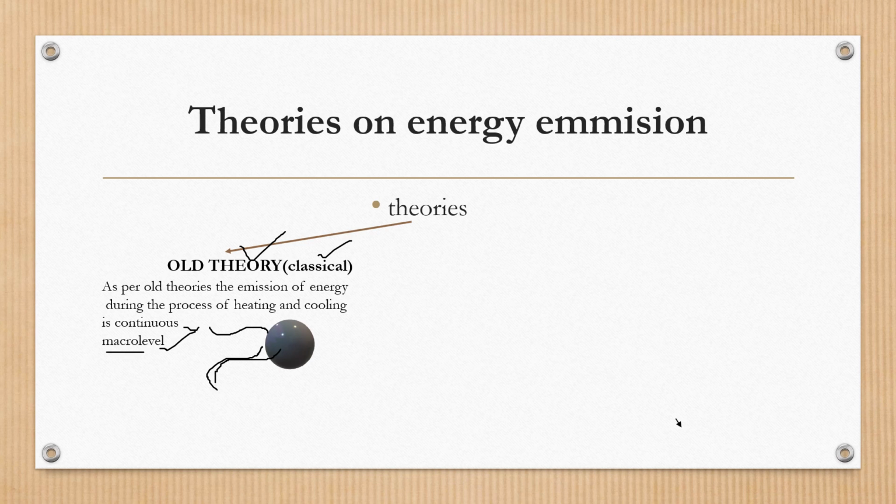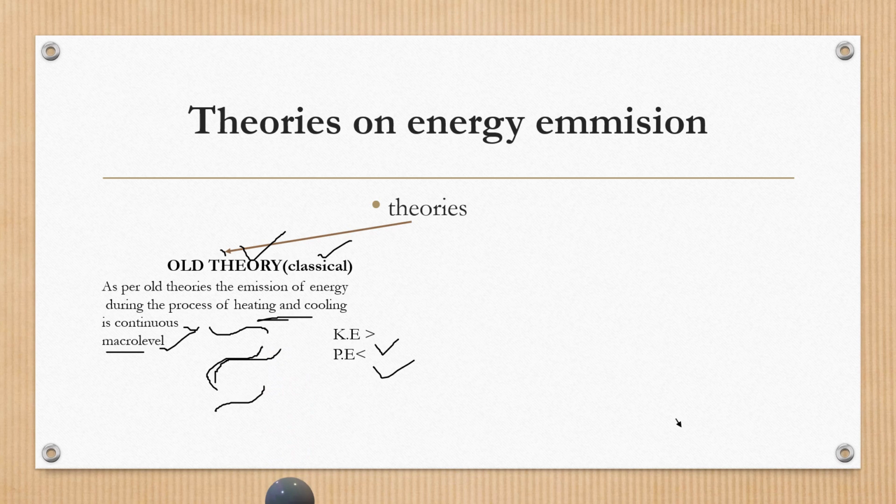Macro level can be seen by the naked eye. Micro level cannot be seen by the naked eye. Let me just tell you in brief. An example of that is when a body is falling from a certain height, its kinetic energy increases and potential energy decreases.